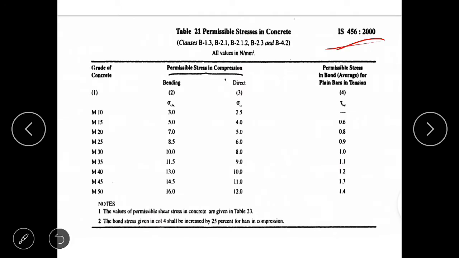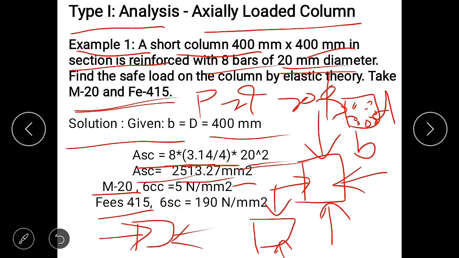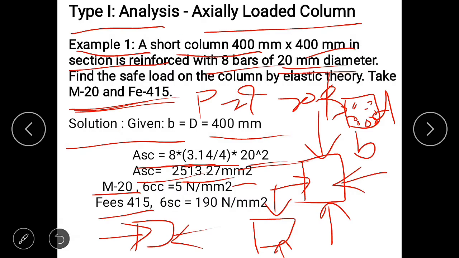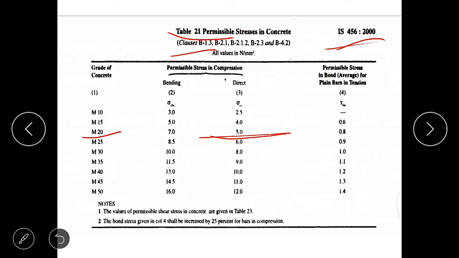In IS 456 2000, Table number 21, Clause number B 1.3, one table is given by grade of concrete. Our grade of concrete is M20. So for M20, the direct stress is 5 Newton per mm square. This is given in Table number 21. Okay.